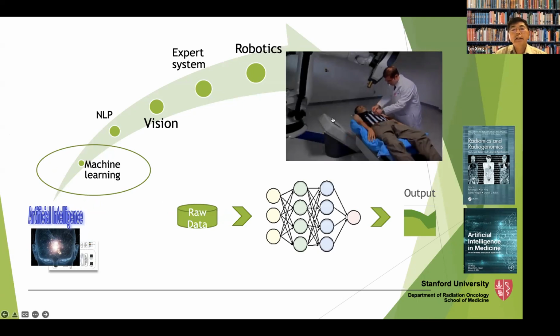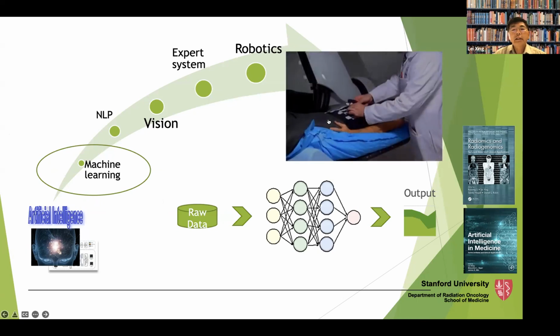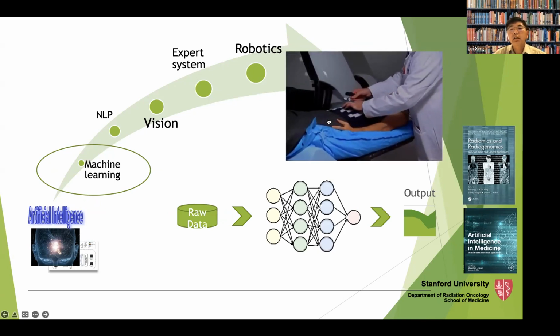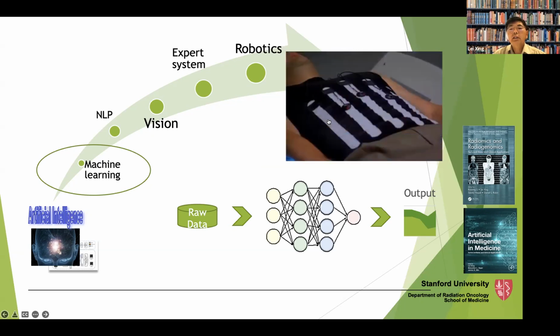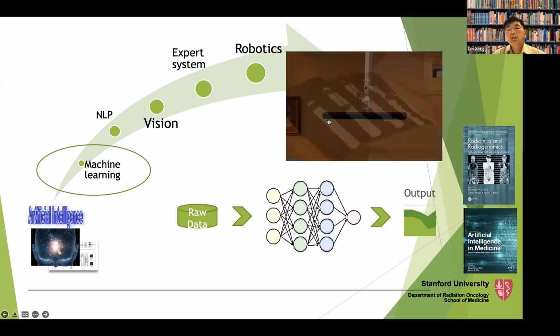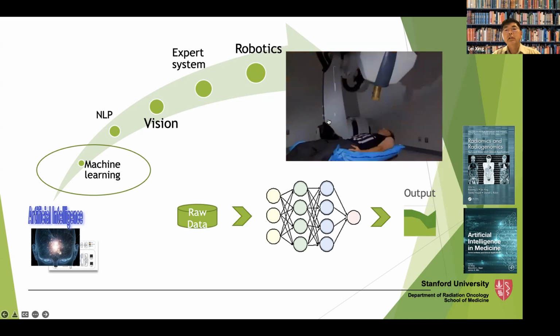And this is actually a device from Stanford by John Adler. This is actually a radiation therapy robot. It was invented actually long before the surgical robots. What you're seeing here is really just a robotic arm, and then there's some real-time imaging.